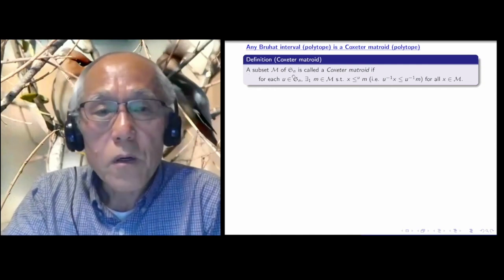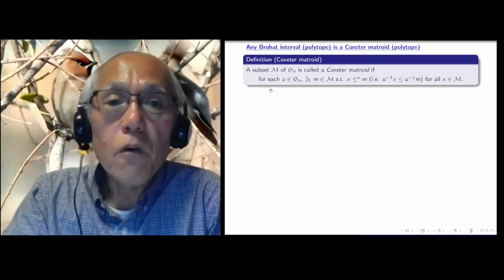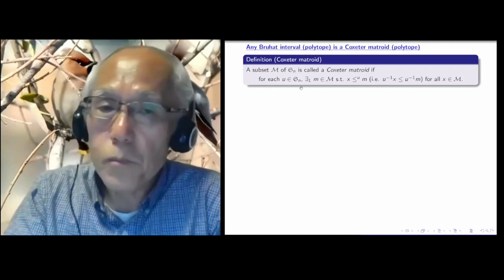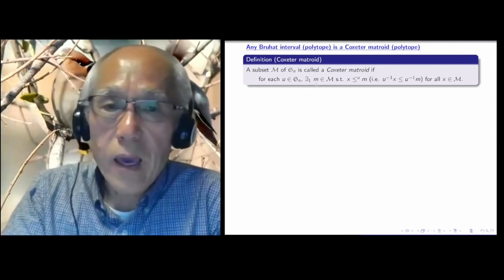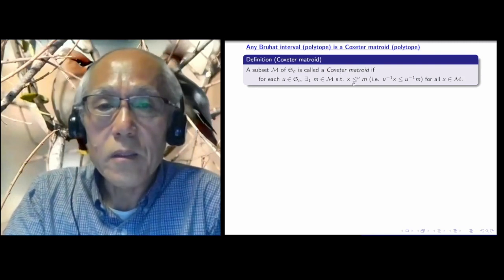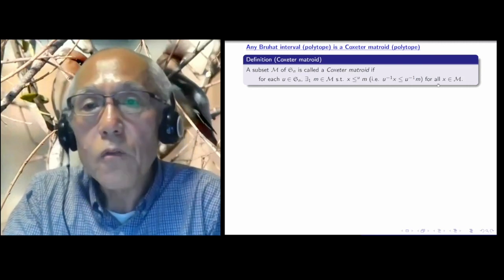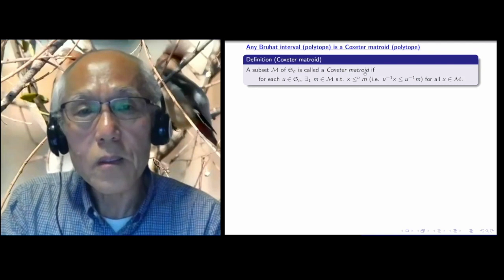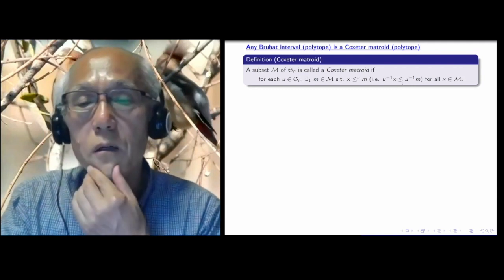A subset M of the symmetric group is called a Coxeter matroid if for each U in the symmetric group there exists a unique element M in this subset such that X ≤ M for all X in the subset. This inequality is in Bruhat order.